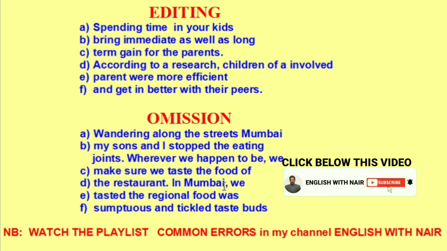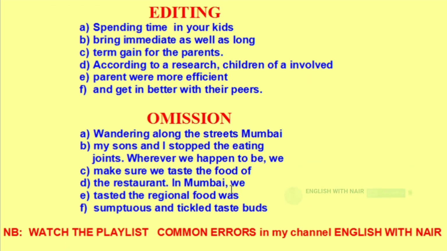In Mumbai, we also tasted, or in Mumbai, we also tasted the regional food. Here you can put also. In Mumbai, we also tasted the regional food, which was sumptuous and tickled our taste buds. O-U-R, our taste buds.